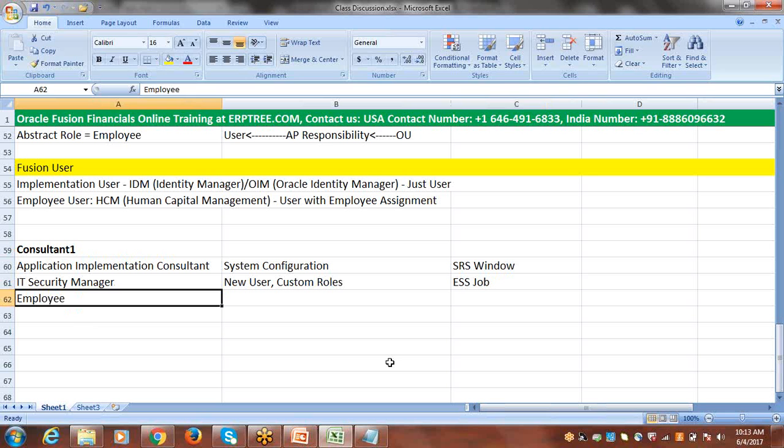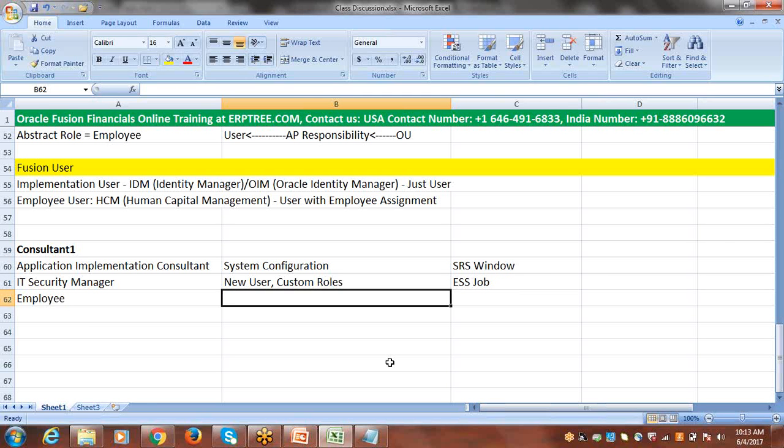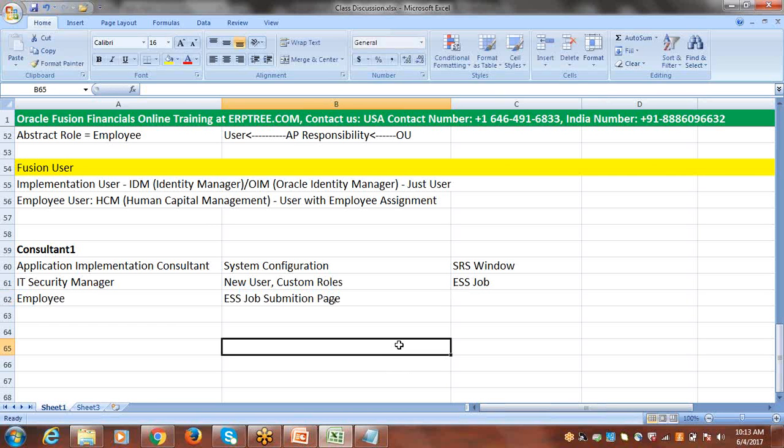That is the reason we have to assign the ESS employee role to the user. Any question on this, please? Okay, fine, done.